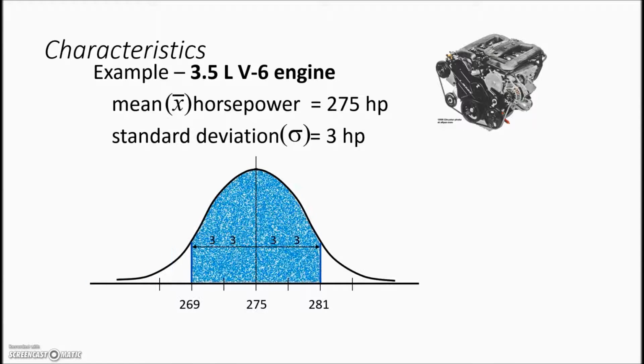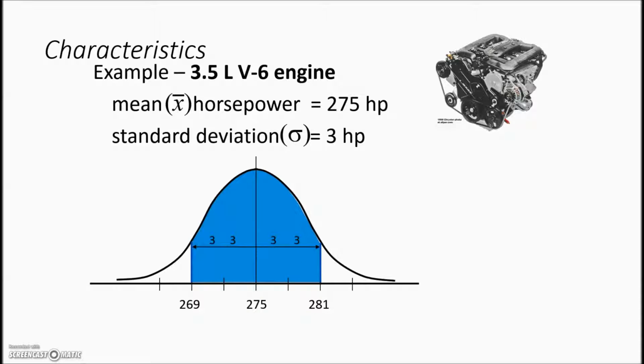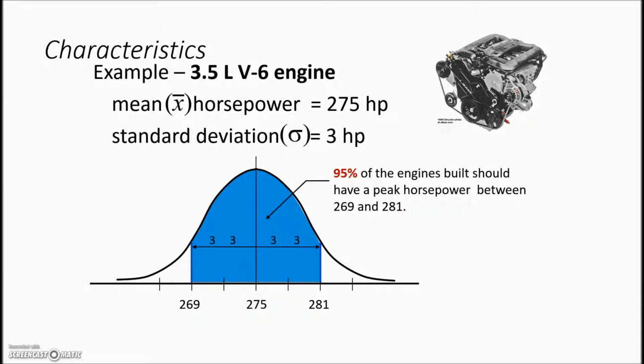Minus 3 minus 3, subtract 2 standard deviations from the mean. We have a range value of 269 to 281, and because it is 2 standard deviations above and 2 standard deviations below, this means 95% of any 3.5 liter V6 engine that you encounter should have peak horsepower between 269 and 281.